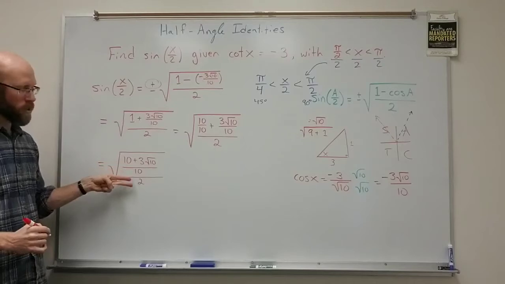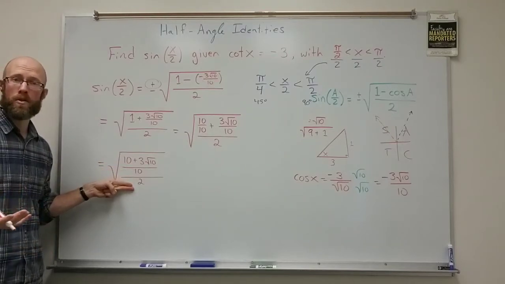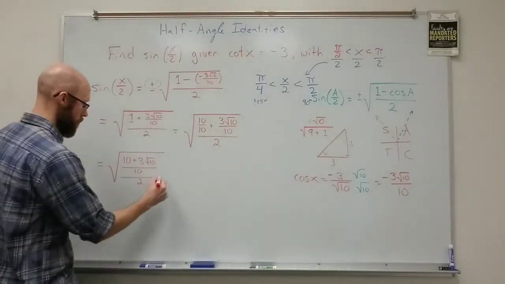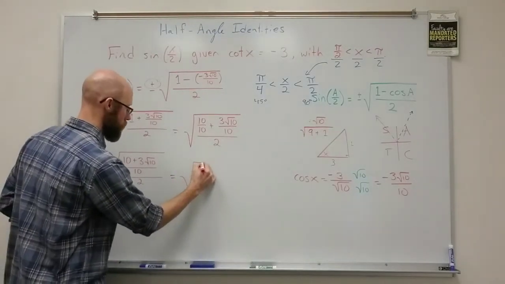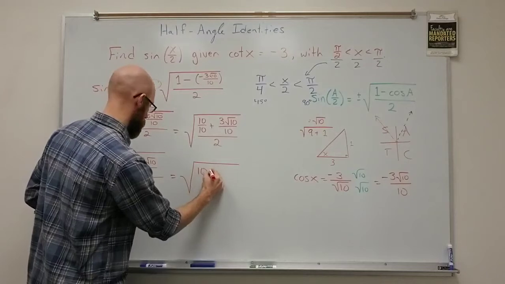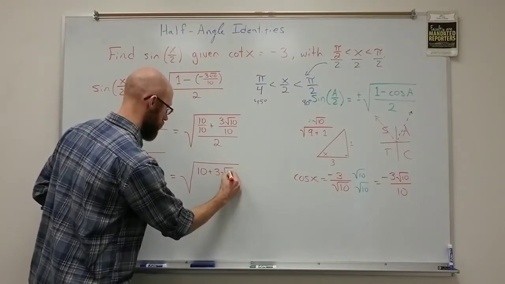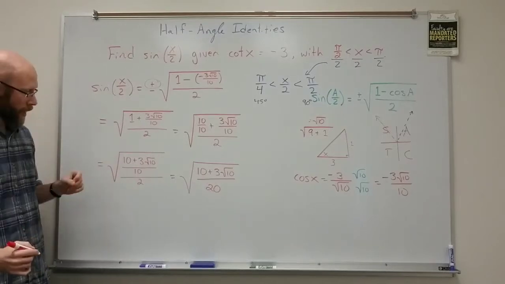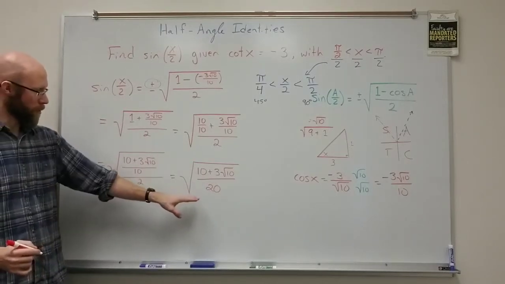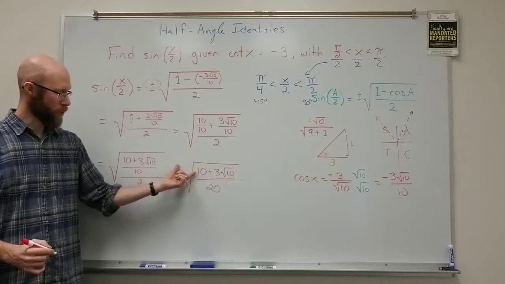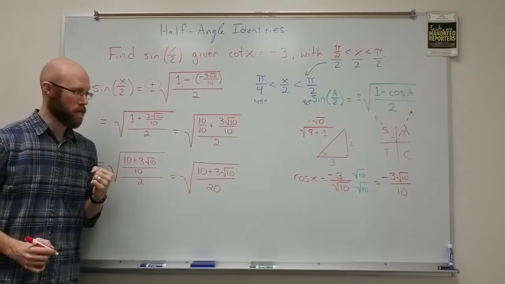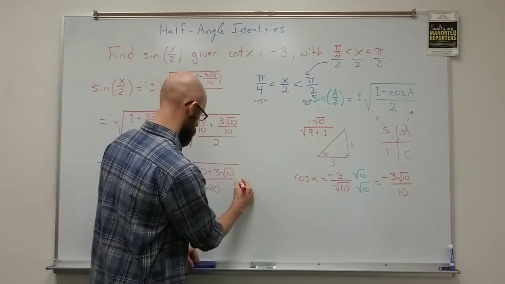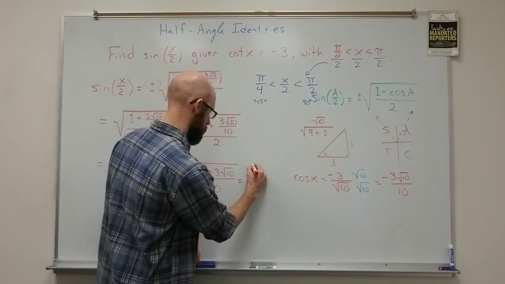When you take a fraction divided by 2, we've talked about this before, it's the same as doubling the denominator, or multiplying by 1/2. And so you could think of this as 10 plus 3 root 10 all over 20. And of course, I can split the root between the top and the bottom here. I am going to start running out of space, but that's okay, we'll fit what we can in.